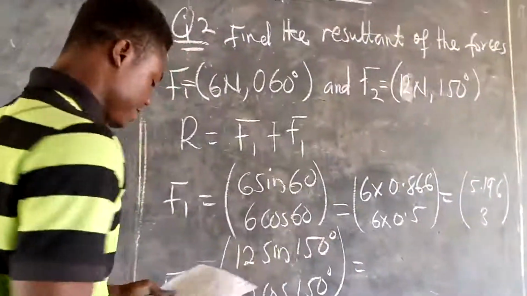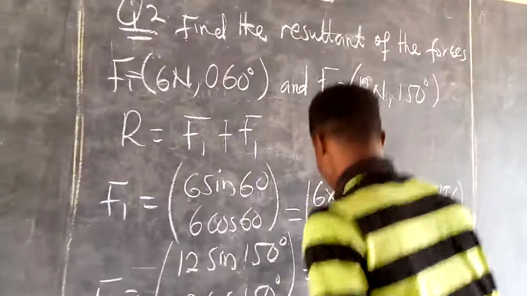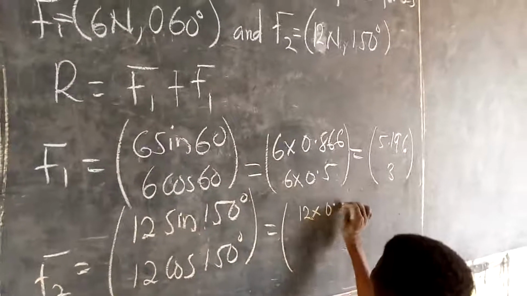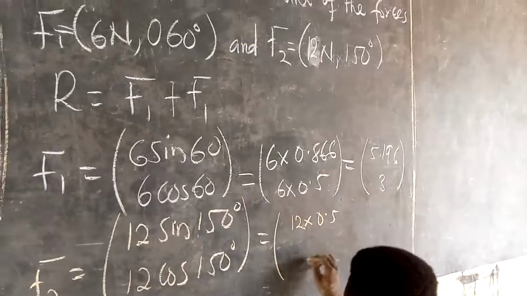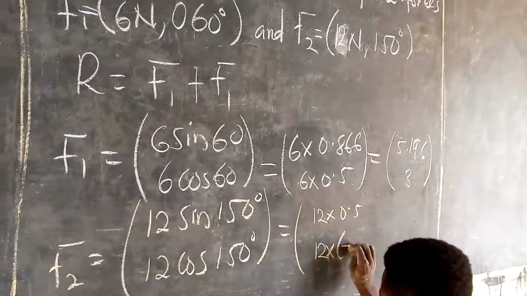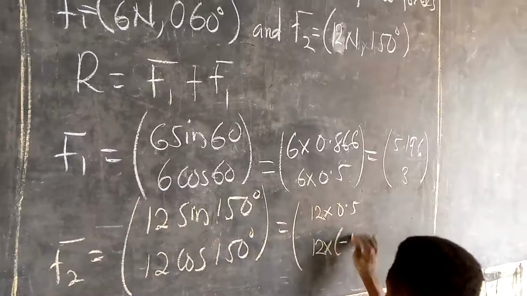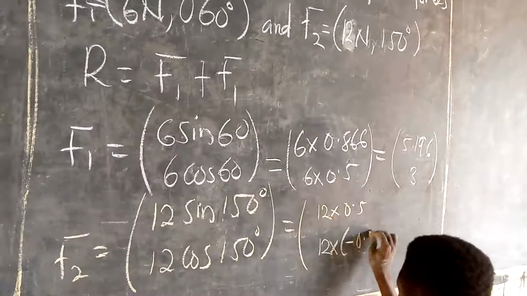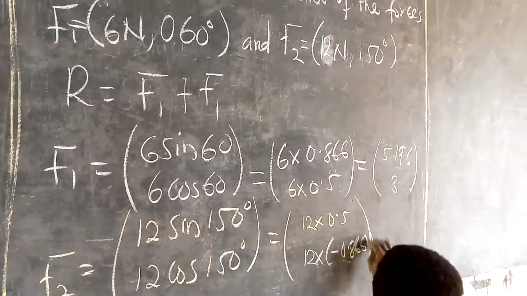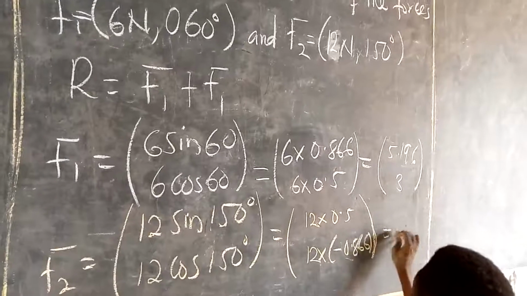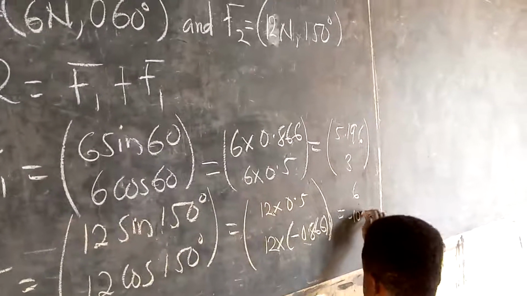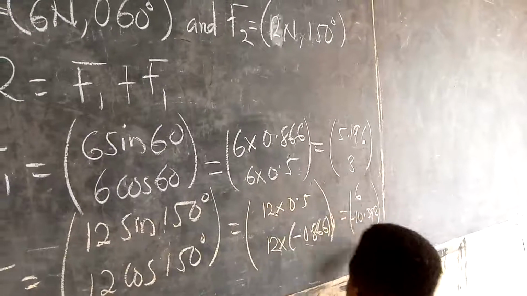So punching this in the calculator, we have 12 times 0.5, and then 12 times negative 0.866, which finally gives 6 and minus 10.392.